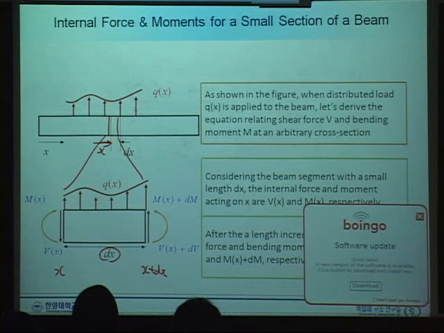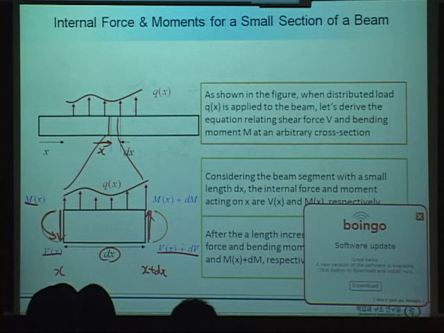And this surface is the negative x direction, and we assume here we have a shear force Vx and this bending moment, Vx and Mx. And now here we have shear force Vx plus some increment dV, and moment we also have some increment dM.